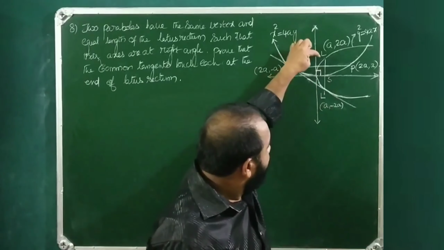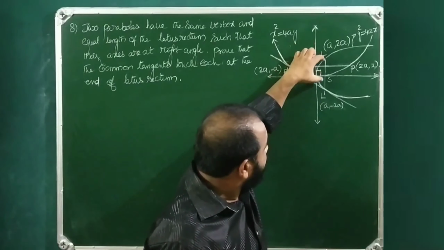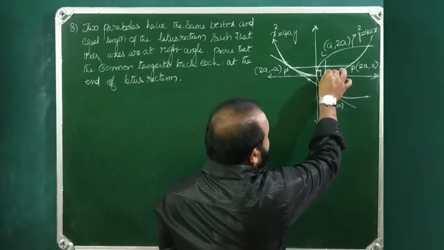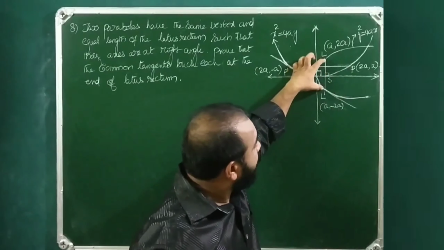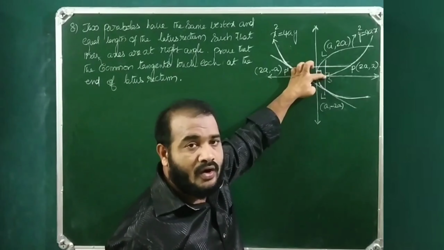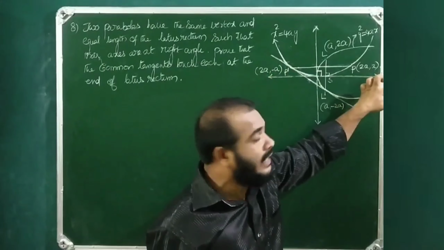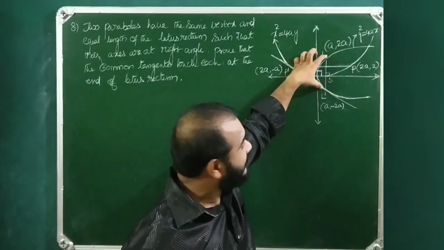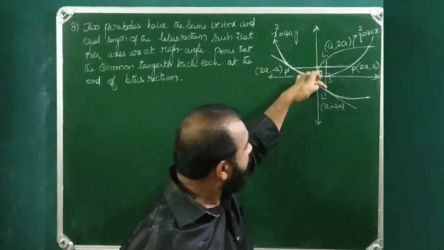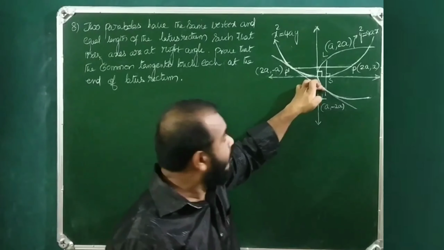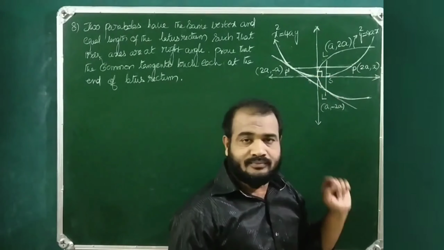And so the chord which is passing through the focus, therefore it is a focal chord, and which is perpendicular to the principal axis is called the latus rectum. So L dash is the latus rectum of the parabola y square equals to 4ax.